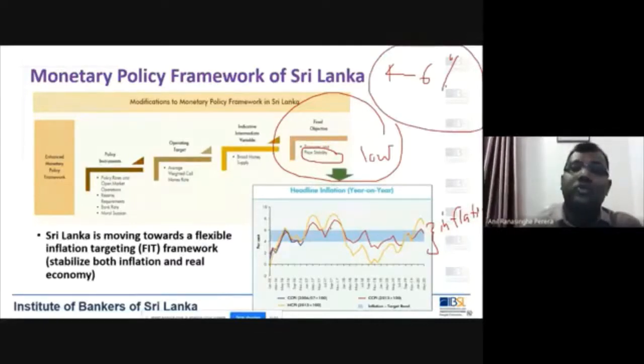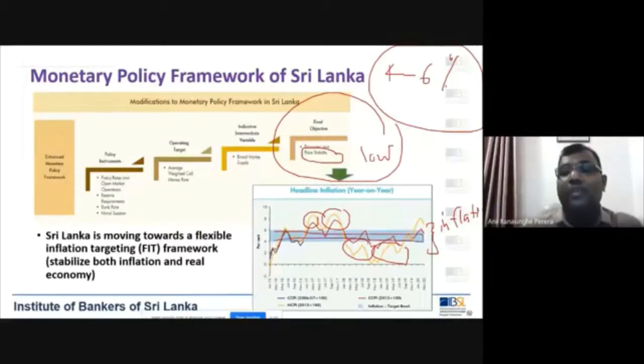So this blue color indicates the central bank is keen to have this 4 to 6% inflation. And these are the actual movements of inflation, this red line and the yellow line. There are some periods the central bank has missed its objective by having deviations. But most of the time, during the last many years, inflation has been moving within this band.